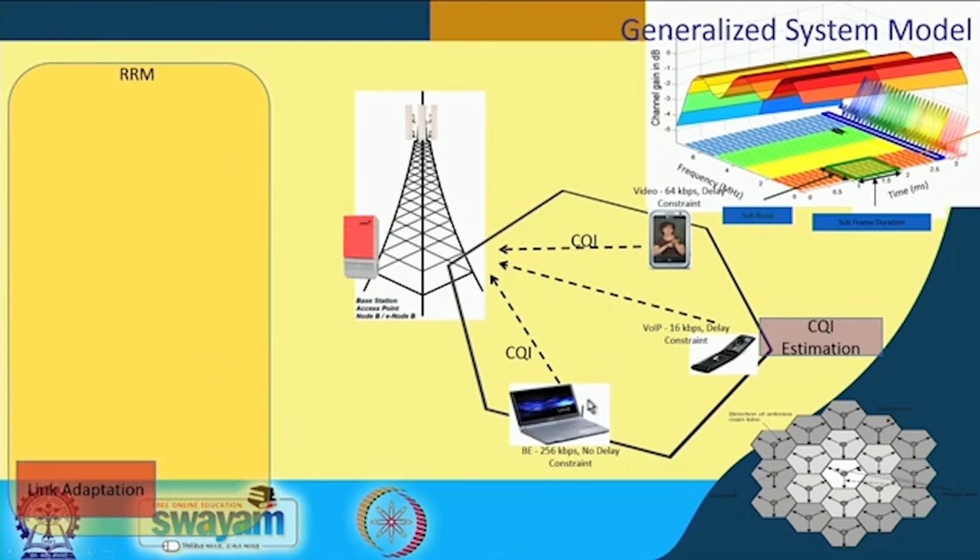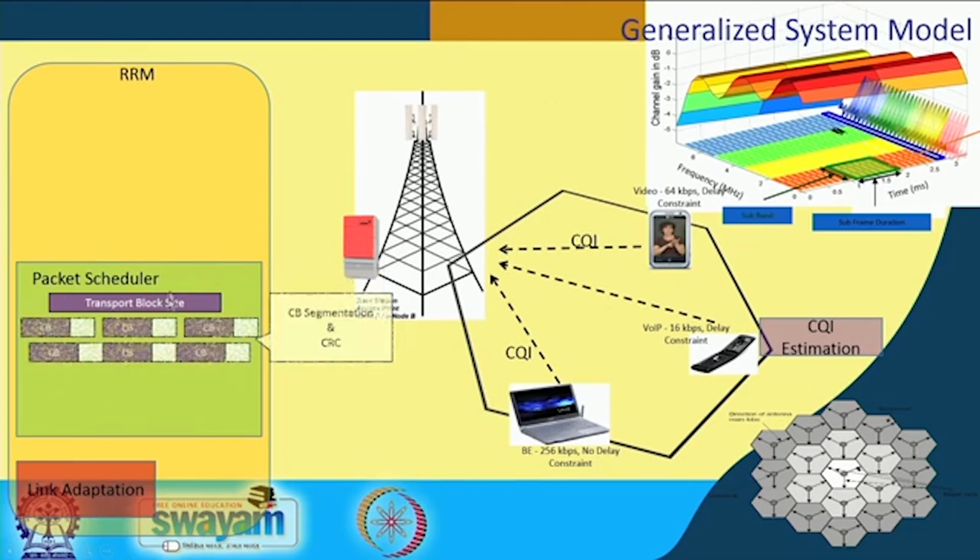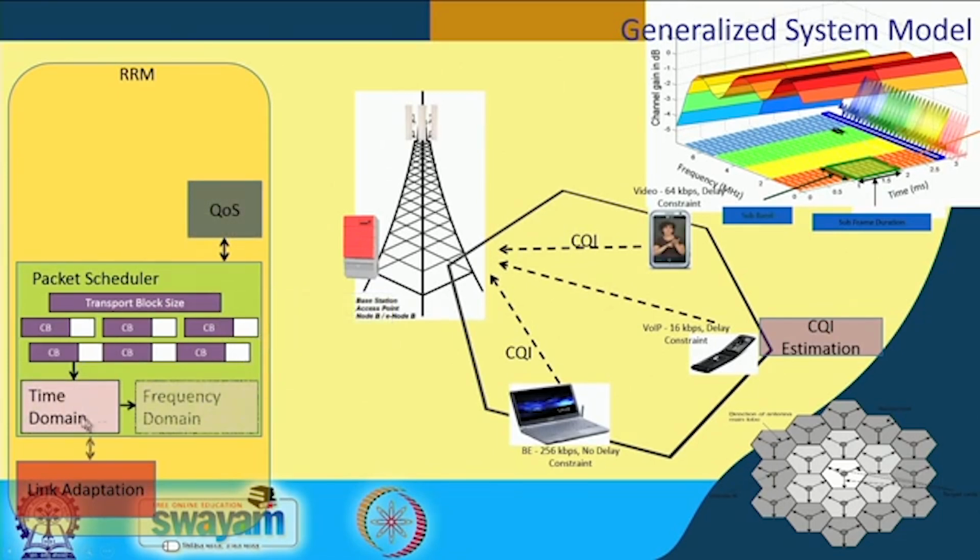Based on the input that the base station receives, one of the primary activities it does is link adaptation and packet scheduling. We have briefly talked about these things earlier. When packet scheduling happens, transport block size, dividing the packets into smaller segments, code block segments, CRC, all these things are done at the base station, followed by time domain scheduling, then frequency domain scheduling.